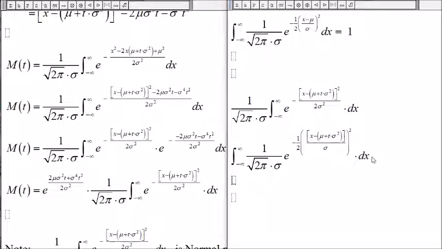And so this is also equal to 1. And so it doesn't matter what this number is. As long as it's a real number, then this integral will equal 1.